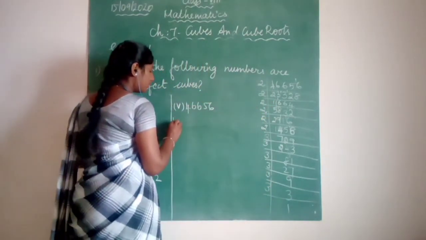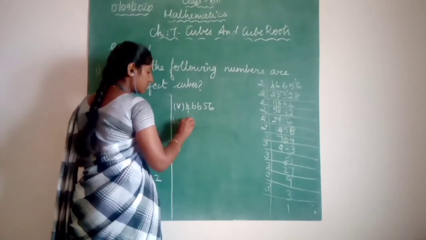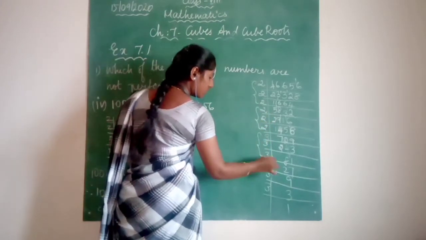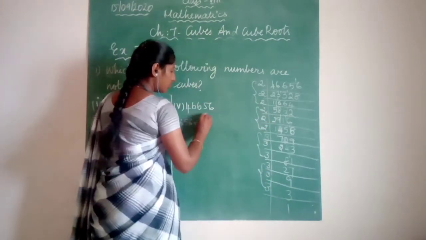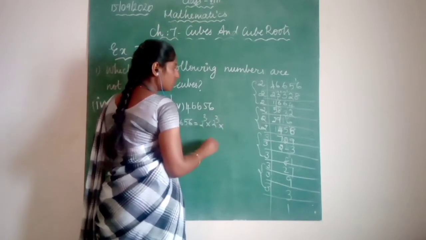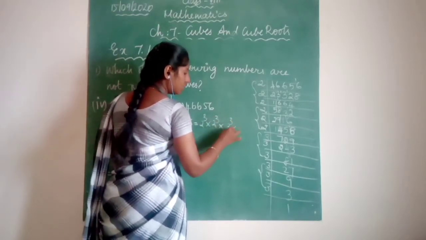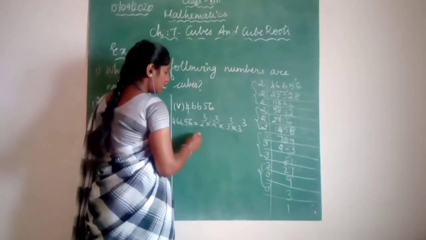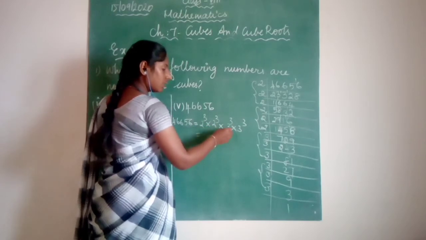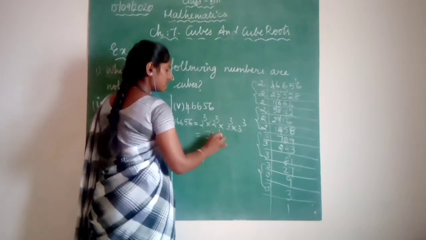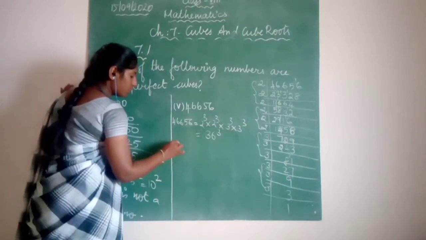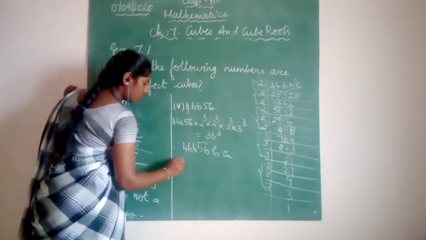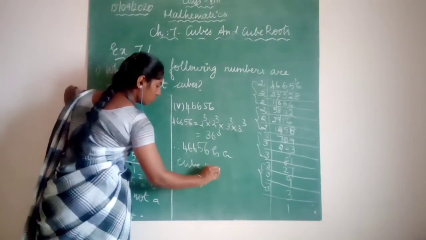Now you can write 46,656 by splitting into groups of 3: 2 cube into 2 cube into 3 cube into 3 cube. Yes, right? So this can be written as 2 to the 4, 4 3s are 12, 12 3s are 36 cube. Therefore the given number is a cube number.